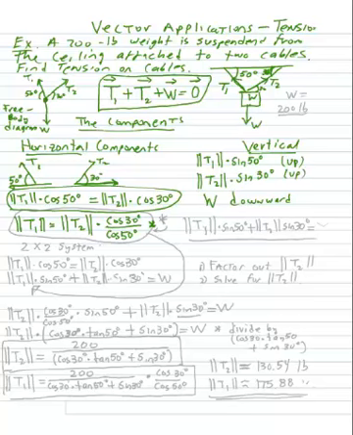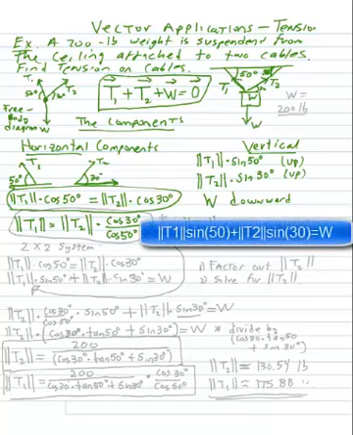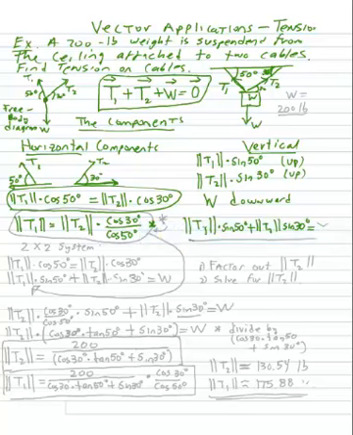The sum of all those must equal 0. In other words, the magnitude of T1 sine of 50 degrees plus the magnitude of T2 sine of 30 degrees, the sum of the forces pointing upward, must equal the weight of that object. So there's the second equation.